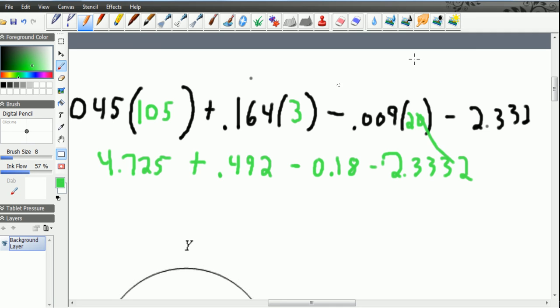Alright, too many threes there. 2.332. There we go. Alright, so we take 4.725 plus 0.492 plus 0.18. I'm sorry, subtract 0.18.